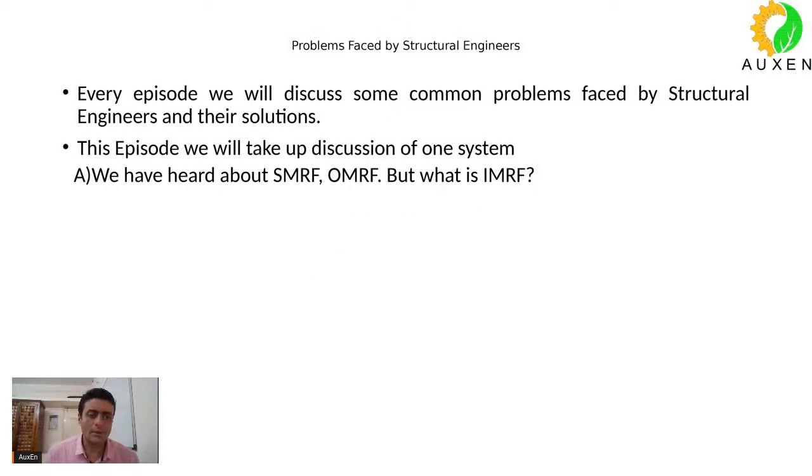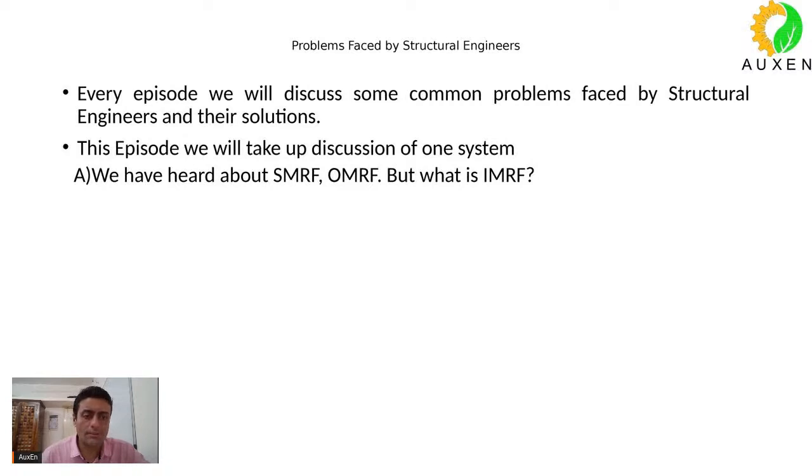In such a scenario, what is the solution? What can we do? I think all of you must have heard about SMRF, OMRF, special moment resisting frames, ordinary moment resisting frame. But have you heard about IMRF? Has anyone in the audience heard about IMRF? IMRF stands for the intermediate moment resisting frame.